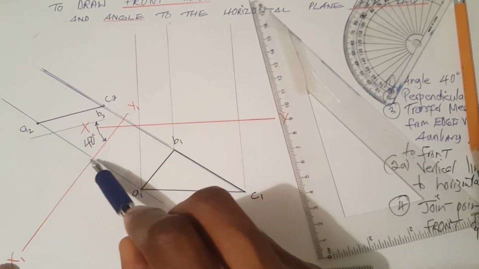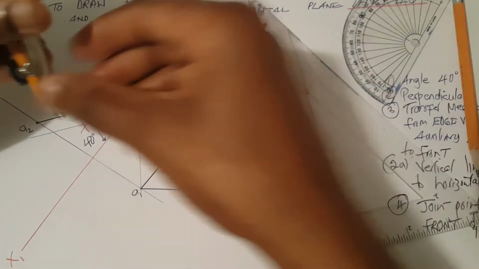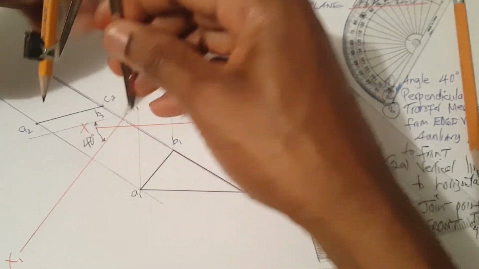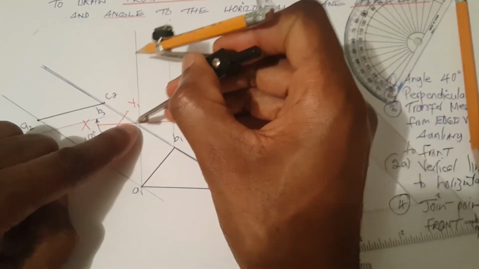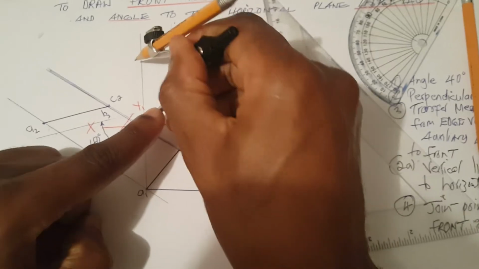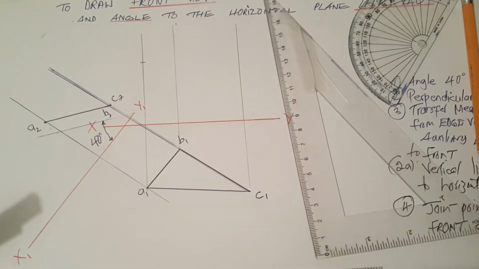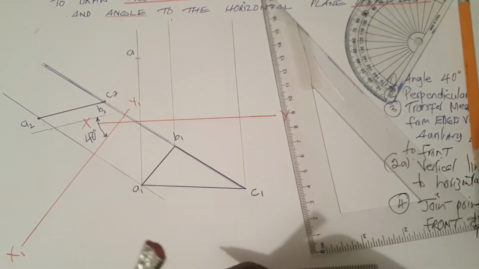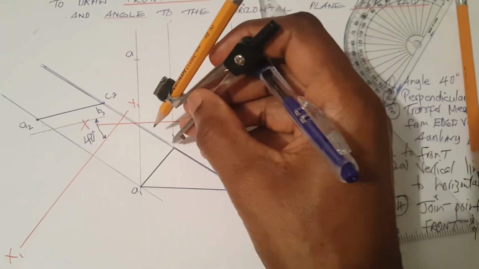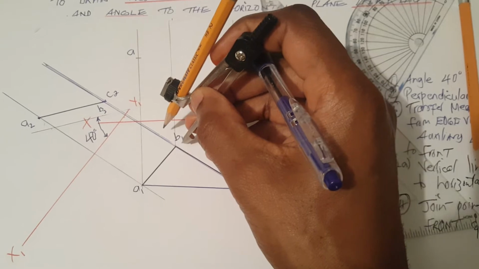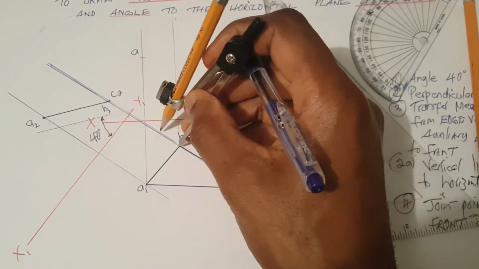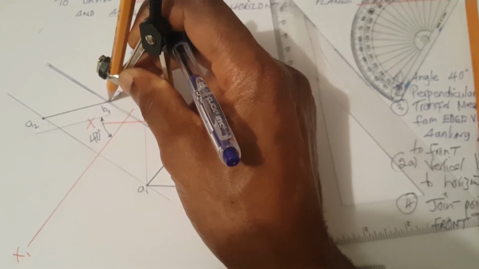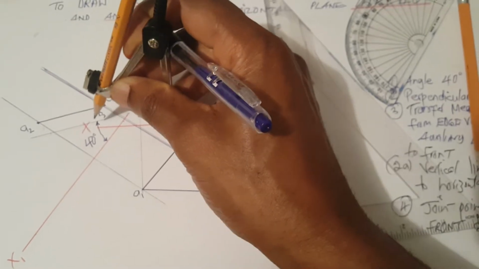So I would transfer this distance here, this distance, to the corresponding point here. Label as I go. This is A. I then go across to B, which is the inner one, or is it C that is outside?